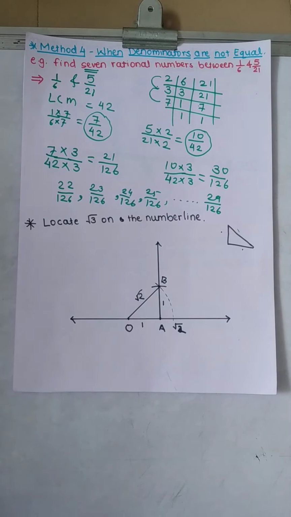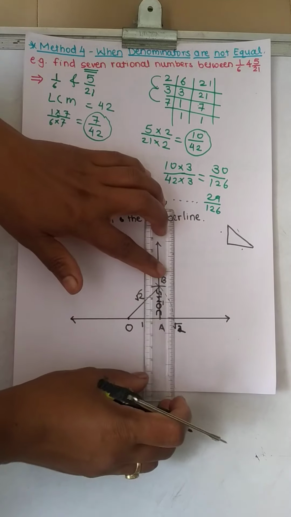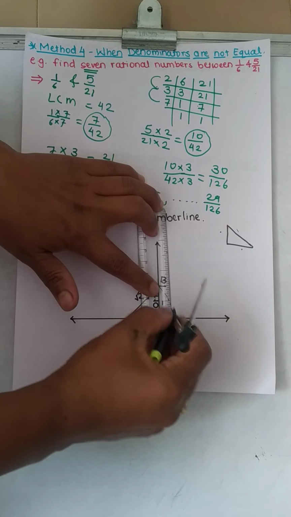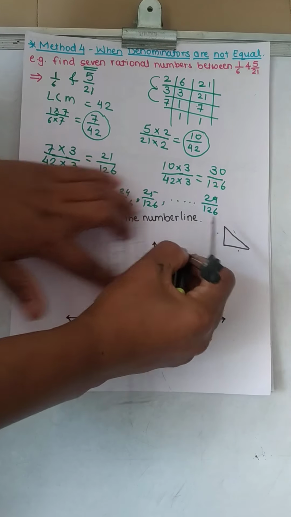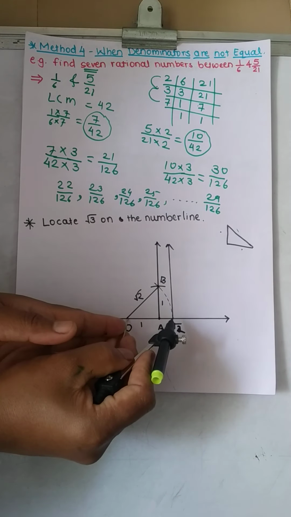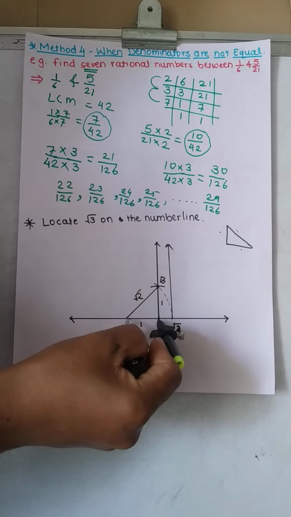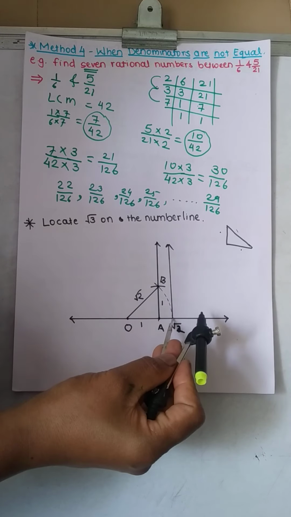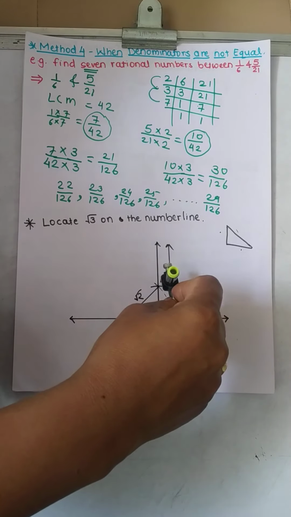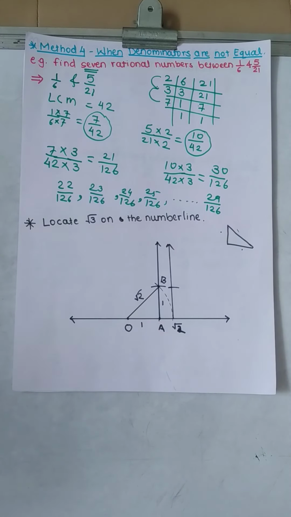Now what will we do? Again, from here, from the dotted line, we are going to draw one straight line. Right. Now take 1 unit distance, 1 unit, this much. So we will put our pointer here and mark on the other line.